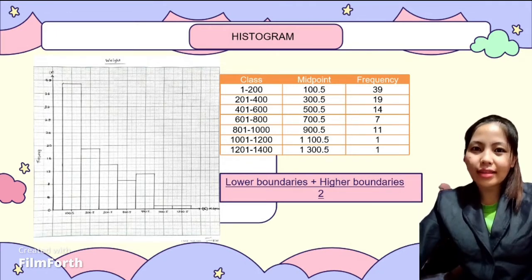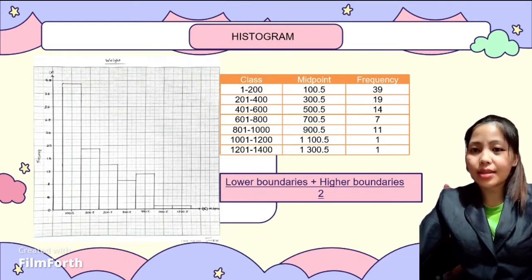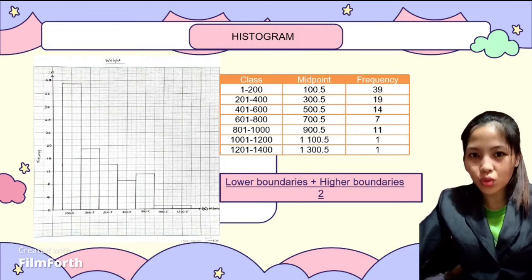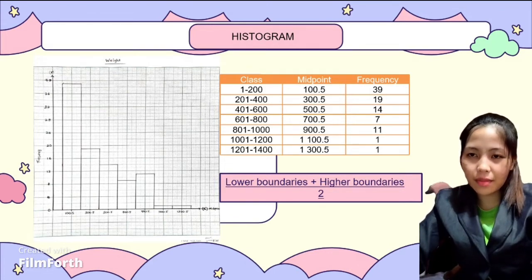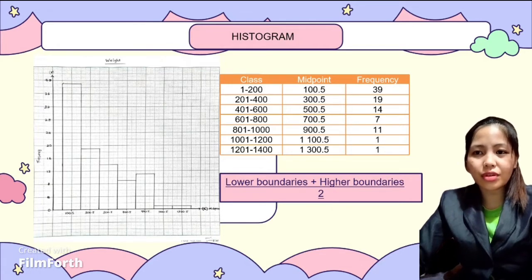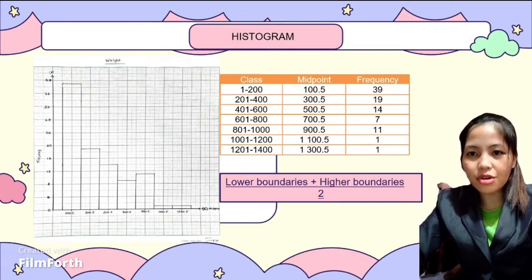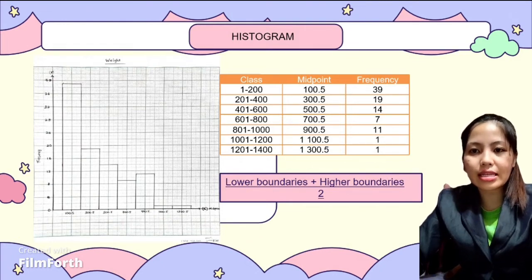I also provide the formula that I use to get the midpoint, which is the lower boundary added to the higher boundary, then divided by 2. From the histogram, we can see that the graph's x-axis is the midpoint, so the graph starts with the first class with the midpoint at 100.5, where the frequency is 39, and ends in the last class with the midpoint at 1300.5, where the frequency is 1.